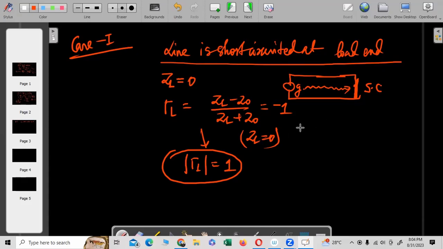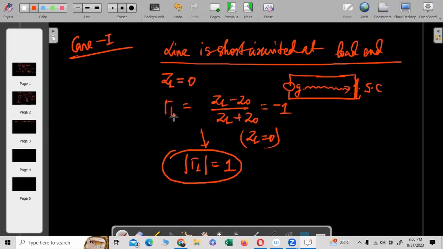Sir, what does minus indicate? If it is plus, it will be 100% reflected back, but it is not like that. We represent it by magnitude and phase, so the phase will be 180 degrees.